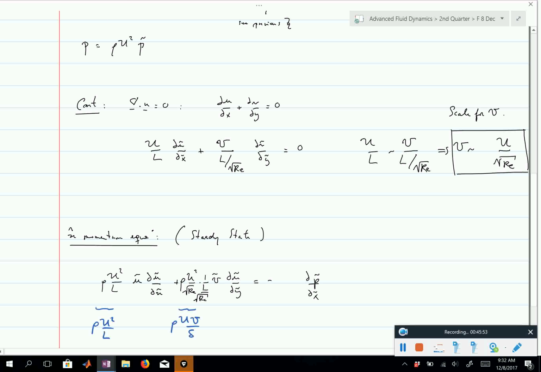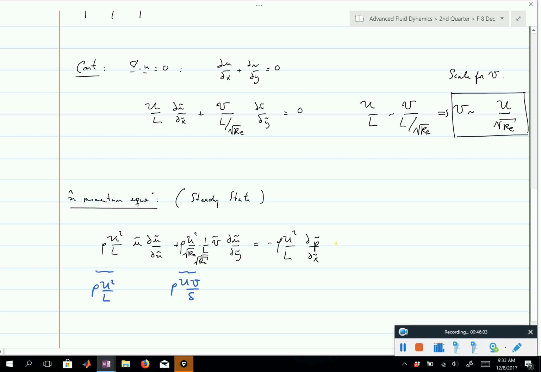So this gives me my scale for pressure, which is rho U squared, divided by my scale for x, which is L. So it gives me minus rho U squared over L. Then I have plus the term which is the second derivative of u with respect to x. So this term here is going to give me a mu U divided by L squared.